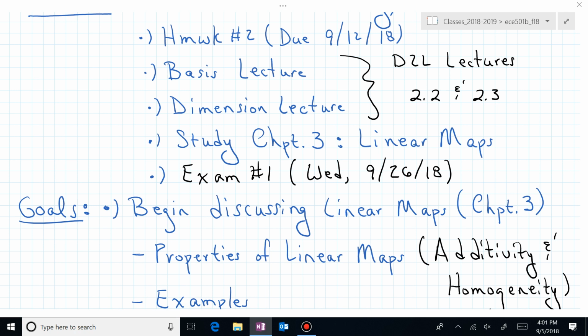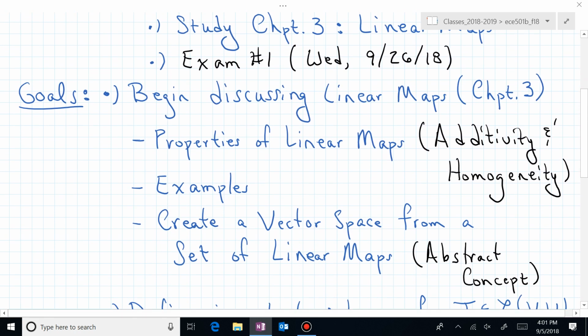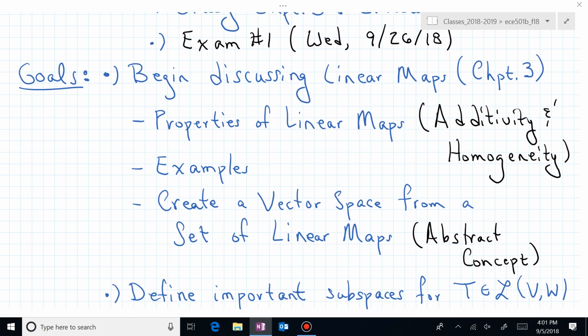Today what we want to do then is start talking about linear maps, and properties of linear maps are that it's somewhat like this idea that we've talked about with vector spaces. We need to make sure that these linear maps have an additivity and a homogeneity property to them in order for them to be a linear map.